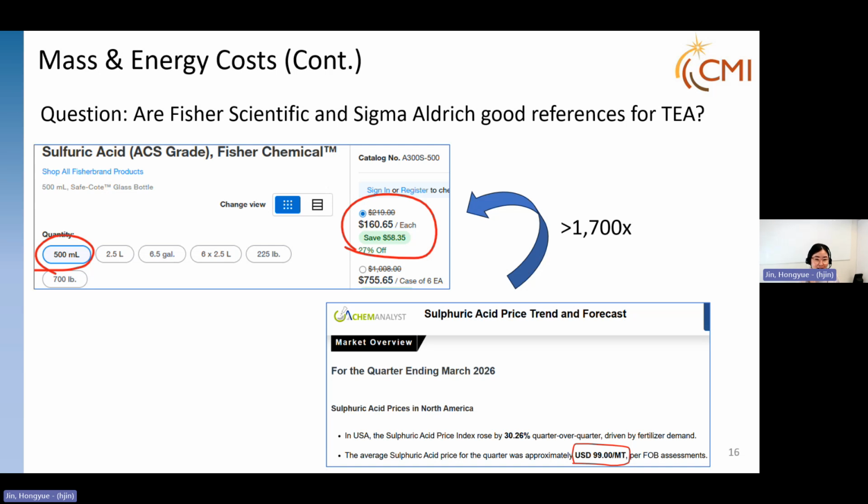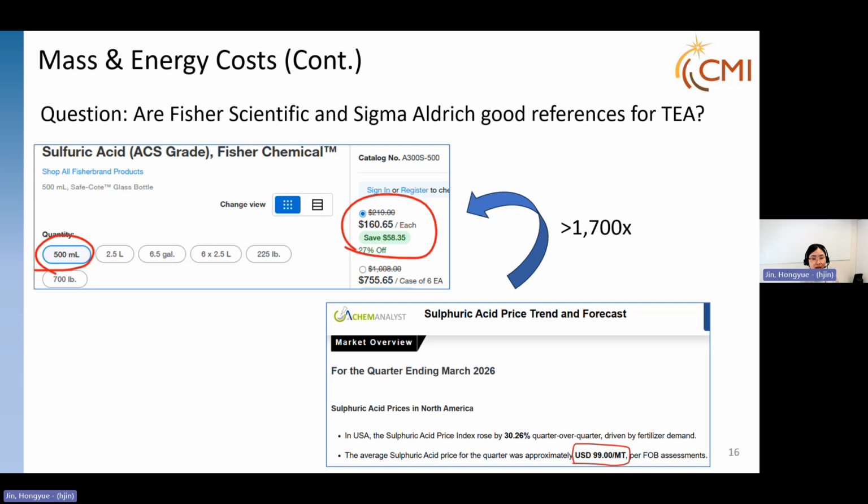So one example of testing which data sources we need to use for TEA. Fisher Scientific and Sigma Aldrich, they are famous for supplying the lab scale high purity chemicals. So the quote I have for sulfuric acid 500 milliliter is $160. Very expensive.